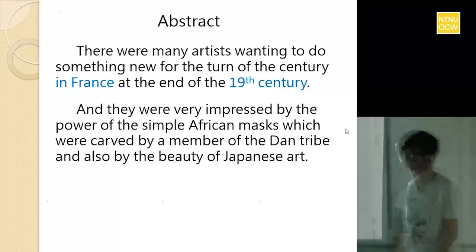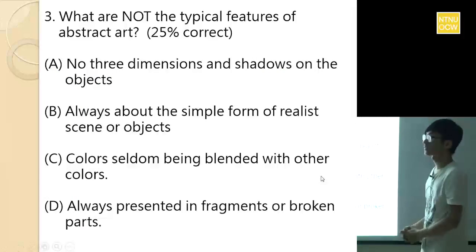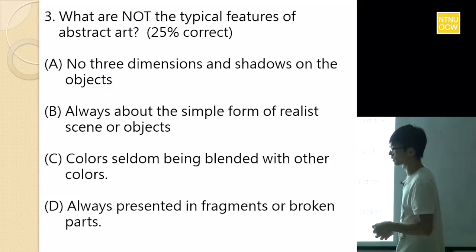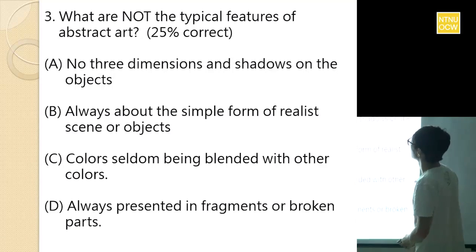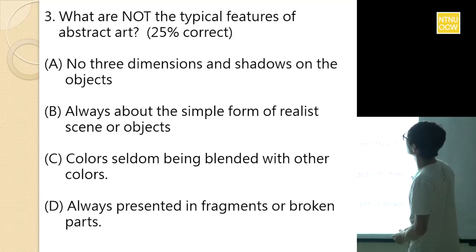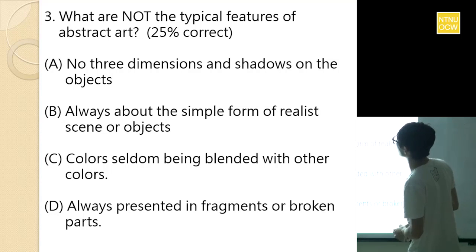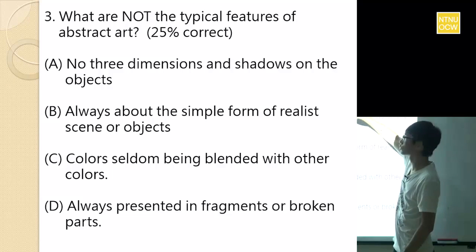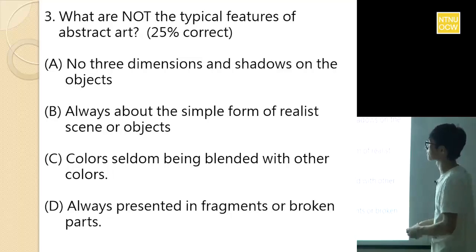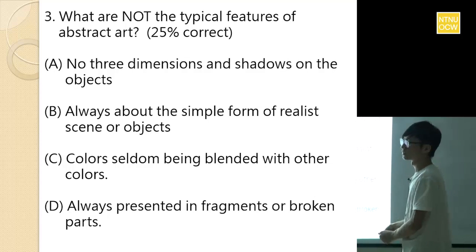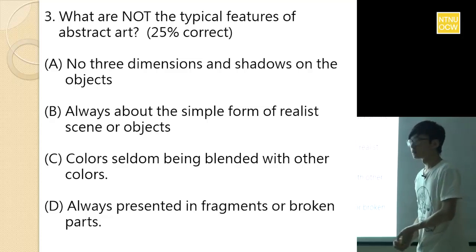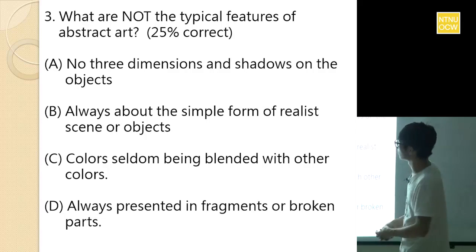And next, the last question is more difficult, the most difficult one. What are not the typical features of abstract art? This question is only 20% correct, so only a quarter of the students got it right.